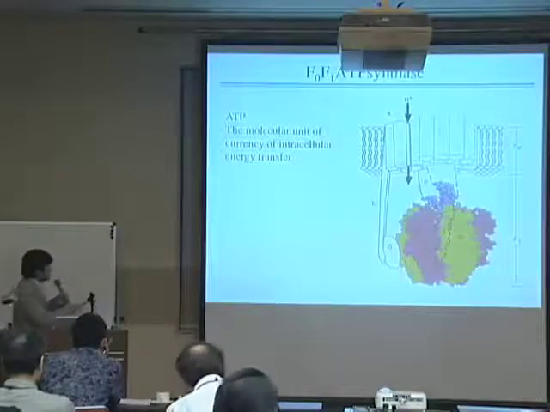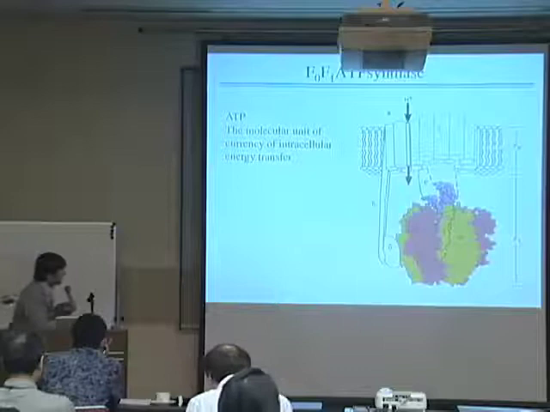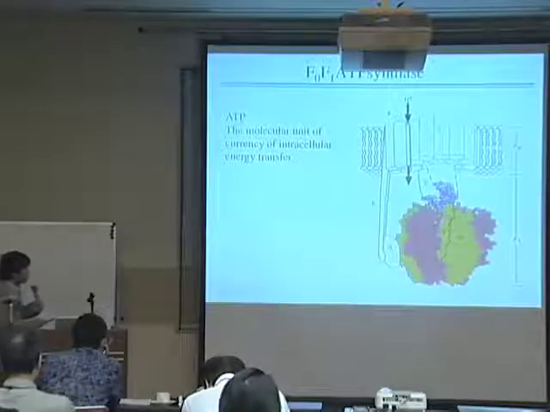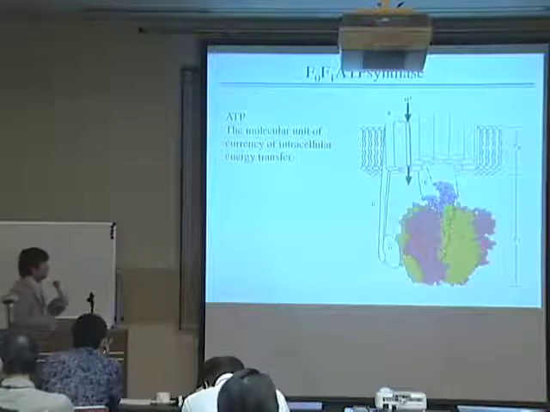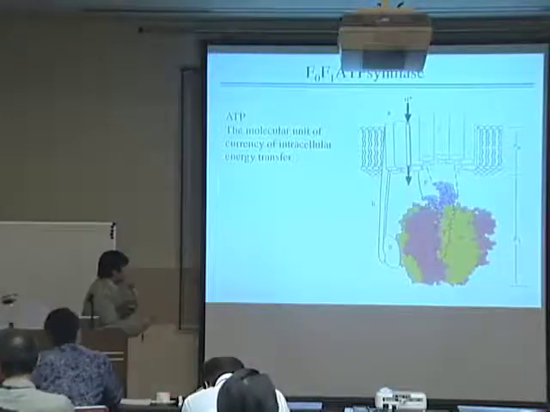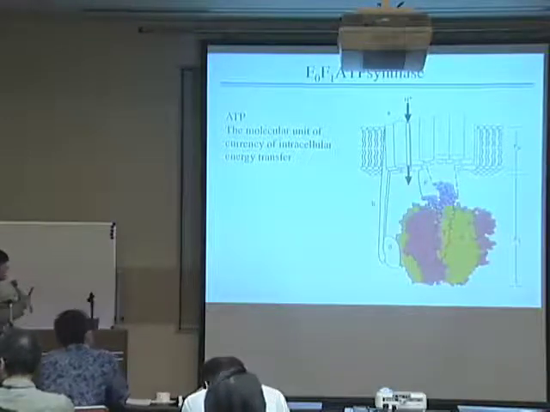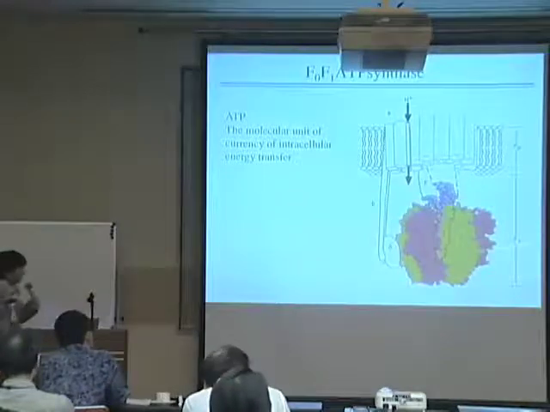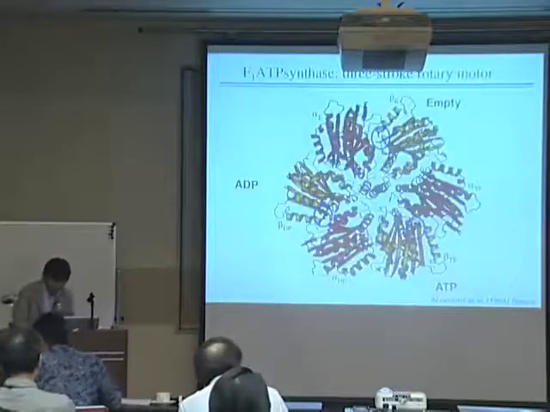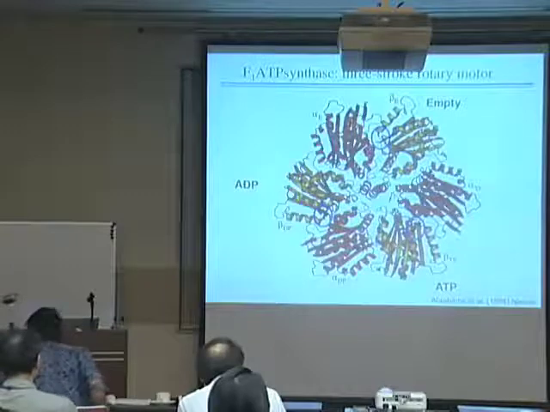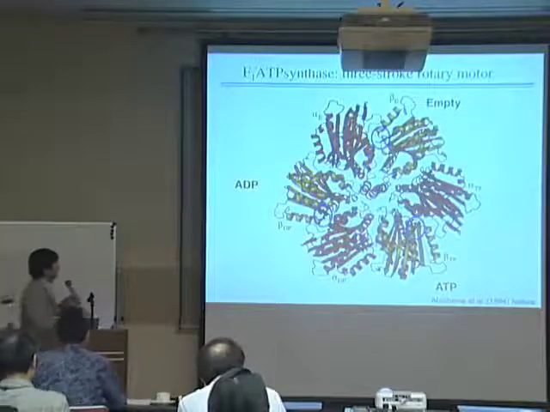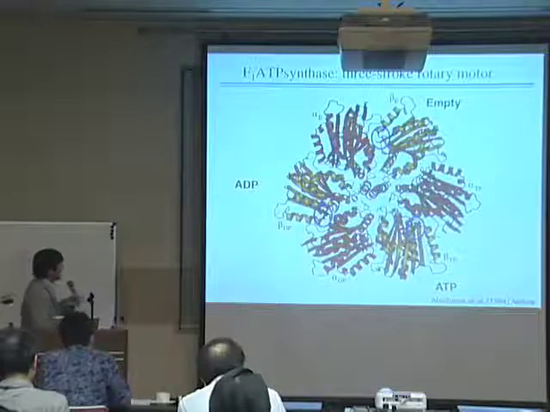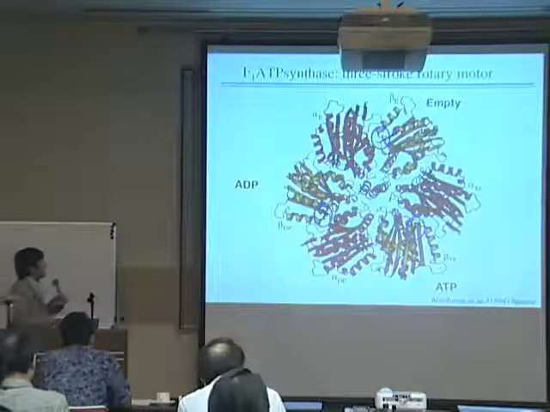The proton flow comes, and this produces a rotation of this part, the gamma subunit is rotated. And with this rotation, there are coordinated conformational changes in the alpha-beta ring structure. Here we have the binding site of ATP or ADP.